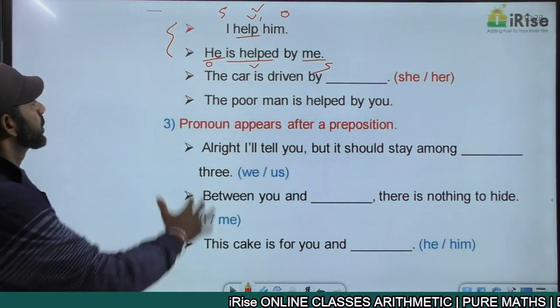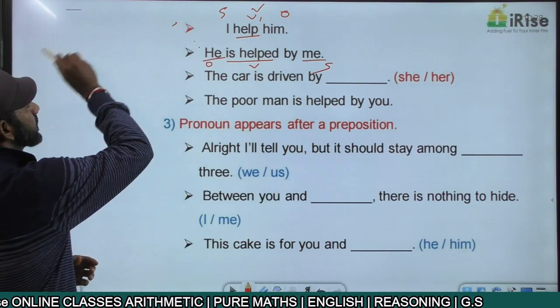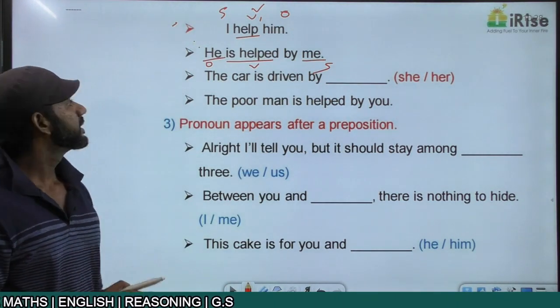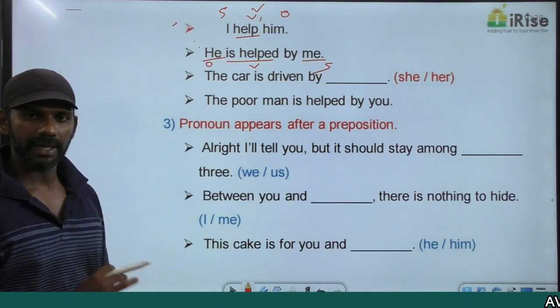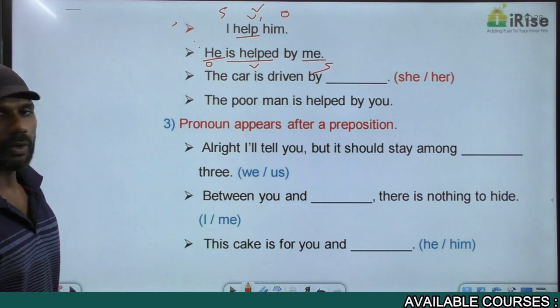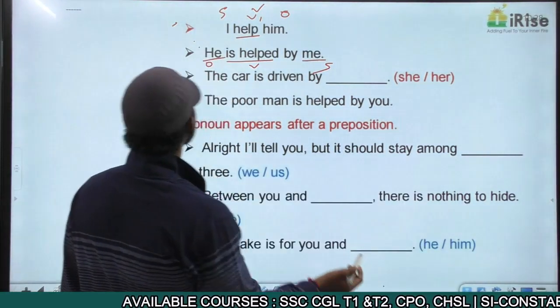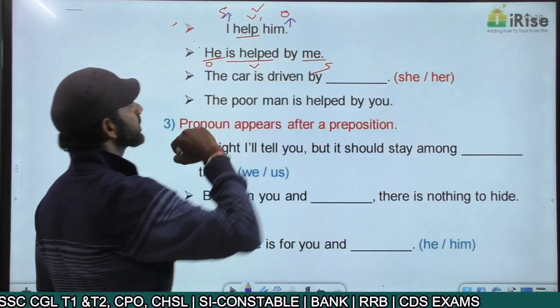So the first sentence is in the active voice, and the second is in the passive voice. Listen to it carefully. I help him, active voice. The pronoun I is acting as the subject here, and the pronoun him is acting as the object.